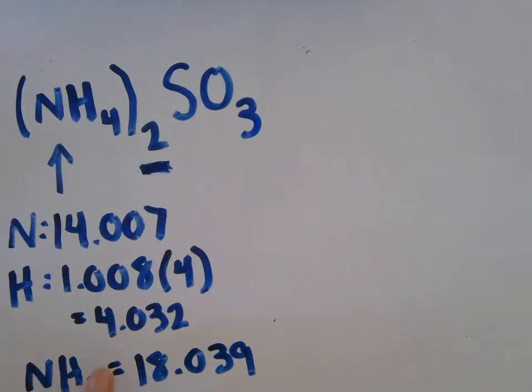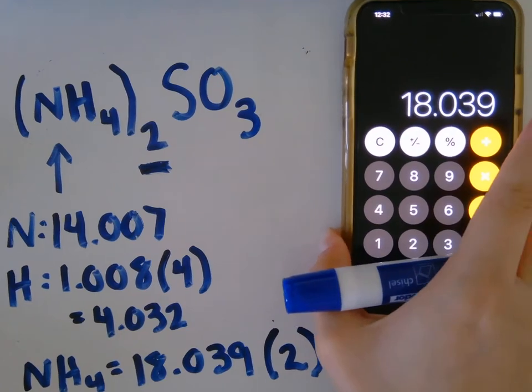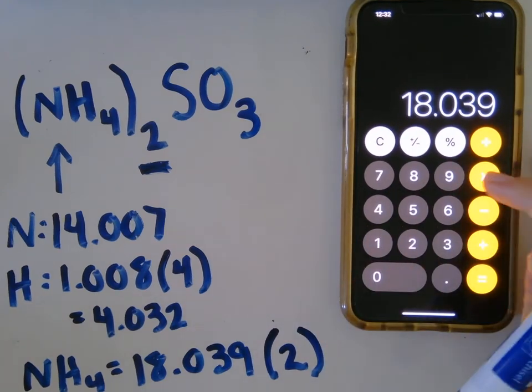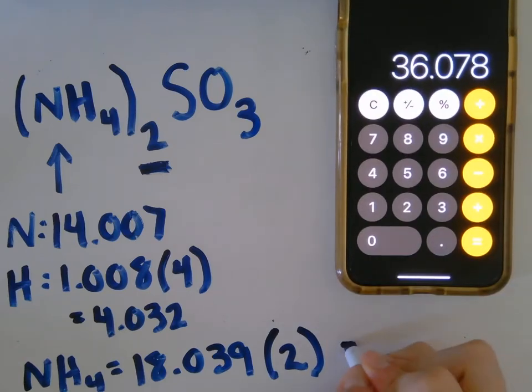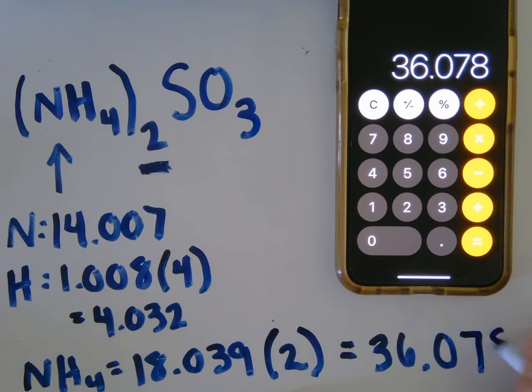I have 2 NH4s. So I have to multiply this mass by 2. This is why it's getting trickier, just because there's a lot of little numbers, little subscripts. So 18.039 times 2 is 36.078.